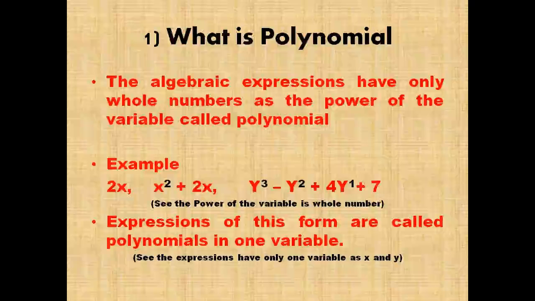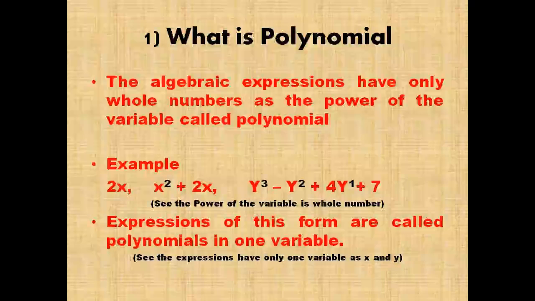Third, y cube minus y squared plus 4y plus 7. In the other two examples the variable x was used, but in the third example the variable y was used. Generally English alphabets are used as variables. In the third example, all the variables have whole number powers 3, 2, 1.